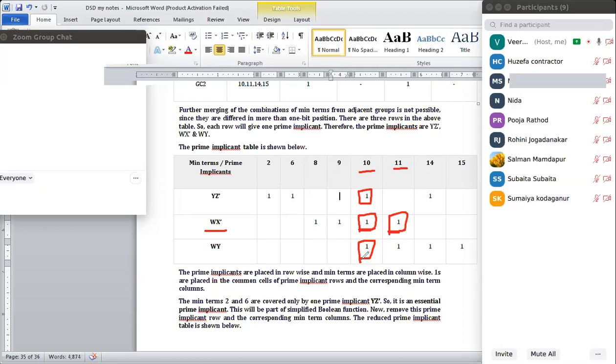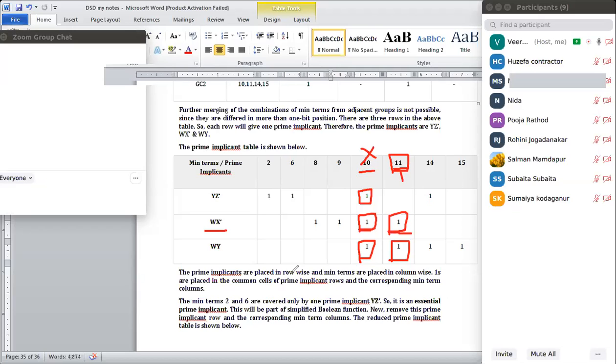The minterm 10 is covered by all three prime implicants, so this is not an essential prime implicant. The minterm 11 is also not an essential prime implicant, because it is covered by WX bar as well as WY.